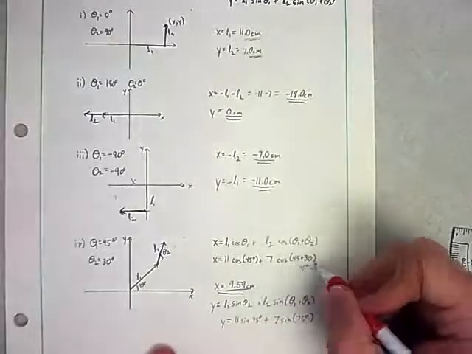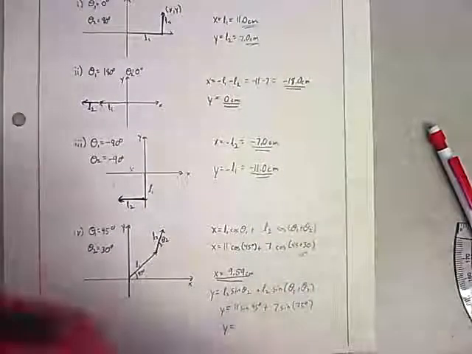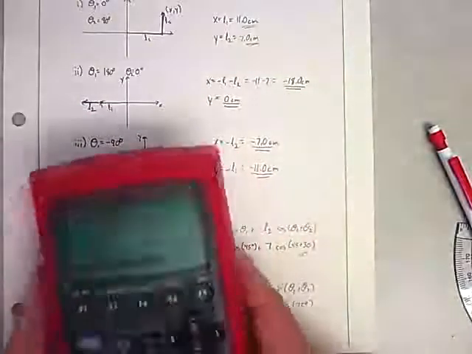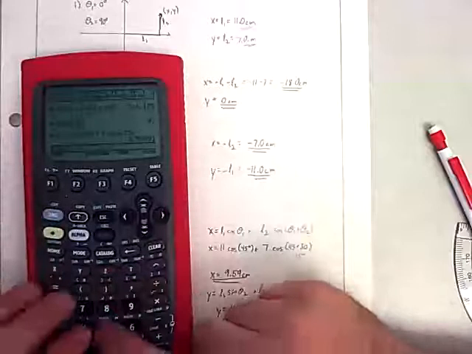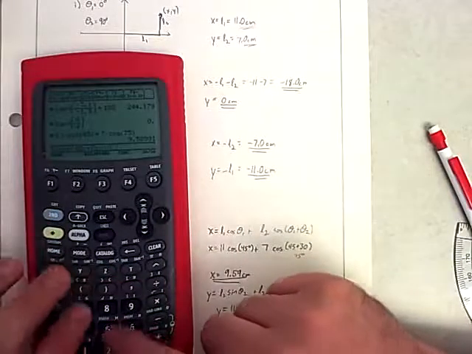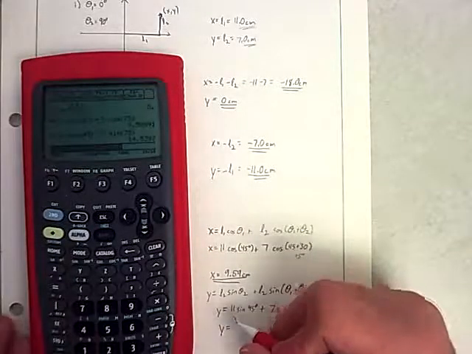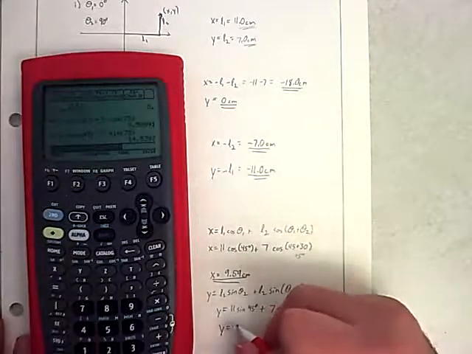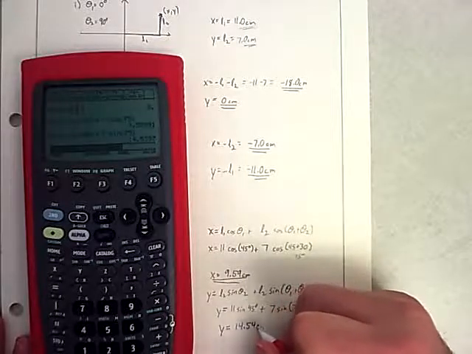Again, that comes from the 45 plus the 30. And so y is equal to 11 sine of 45 plus 7 sine of 75. And so that is 14.54 centimeters.